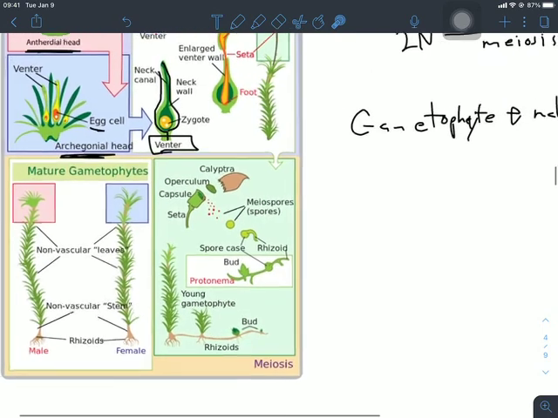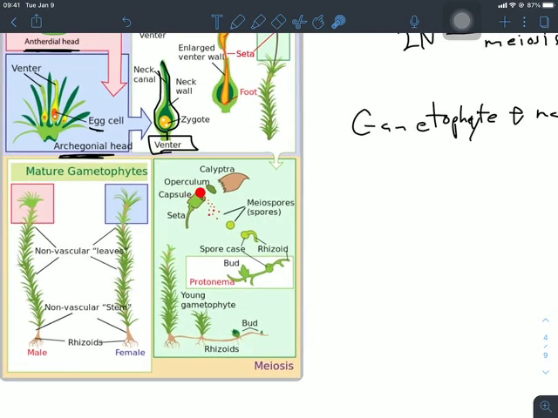The capsule can have an operculum or a top cap that is our drying out feature that will help spread the spores. An additional covering called a calyptra. Not going to be a vocab word for our class, but operculum will be, as it is a drying out structure that helps spread spores.